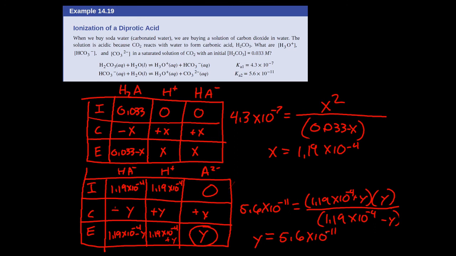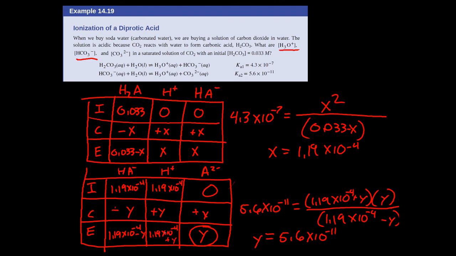But for the other two, for the concentration of the singly deprotonated acid and the concentration of H+, if you take 5.6 times 10 to the negative 11 and either add it or subtract it from the 1.19 times 10 to the negative 4, it's still 1.19 times 10 to the negative 4.